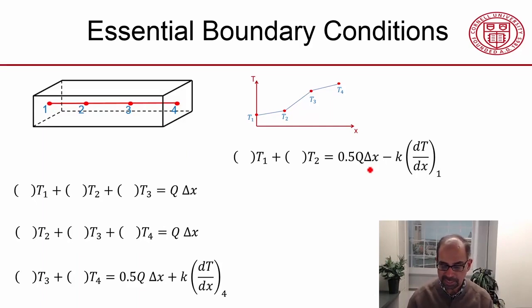The reason I did that is because it involves this term, the gradient at the left boundary, and that's the heat flux at the left boundary. And that's not known. So this equation involves an unknown on the right-hand side. So I've set it aside.